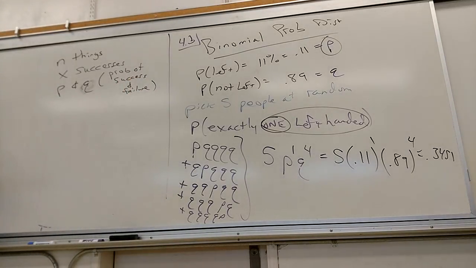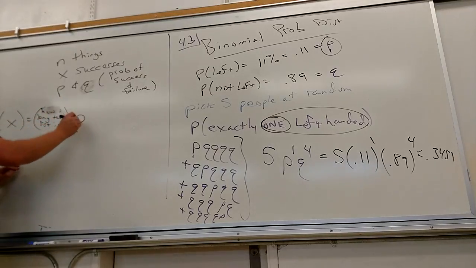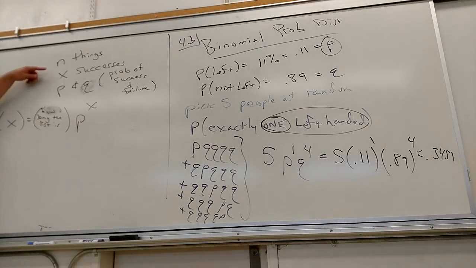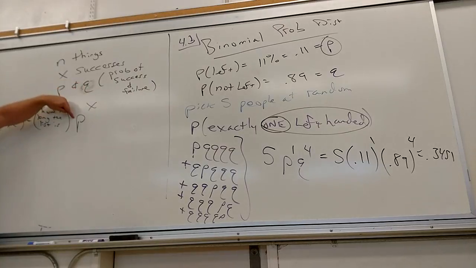I like it. So the formula is going to look like this so far. The formula for the probability of X successes is going to be that 5 is the number of, or let me see this, how long our list is. Times P to the X. Now, I'm going to let that make sense. Because what does X mean? The number of successes. So I want this many successes.